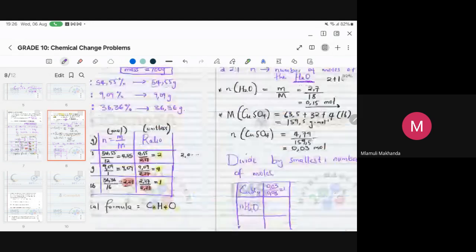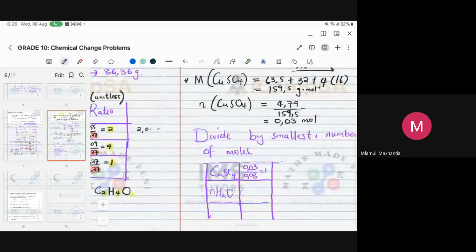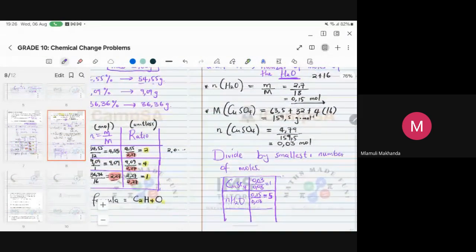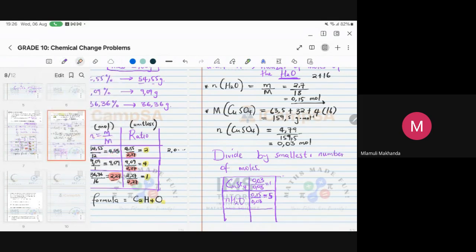This will give you 1. However, for water, you say 0.15, that was the number of moles, over 0.03. This will give you about 5 or 6. Let's see, 0.15 divided by 0.03 is 5. So this means that this N is equal to 5.